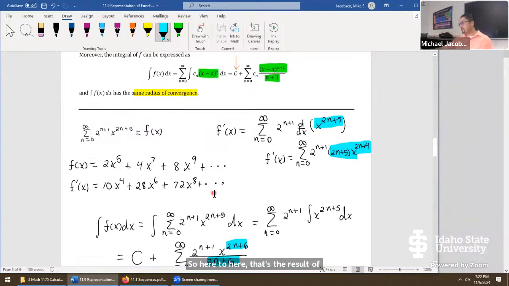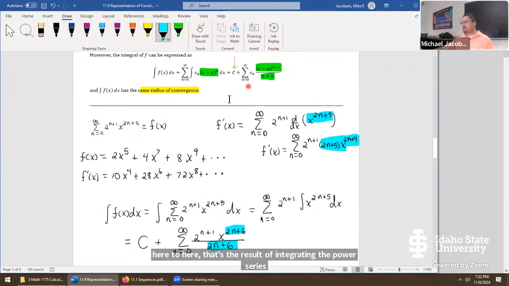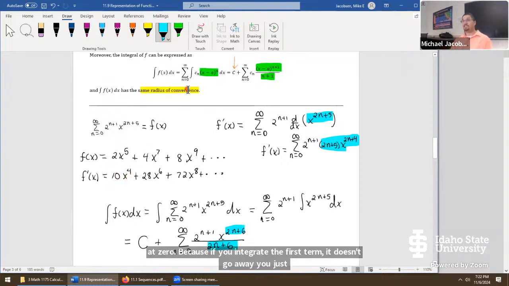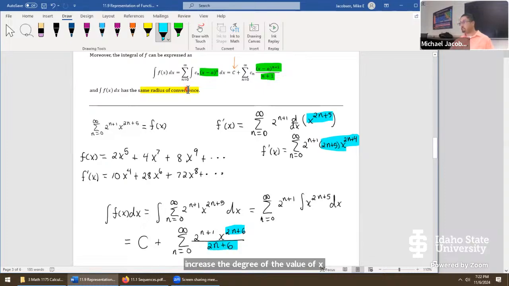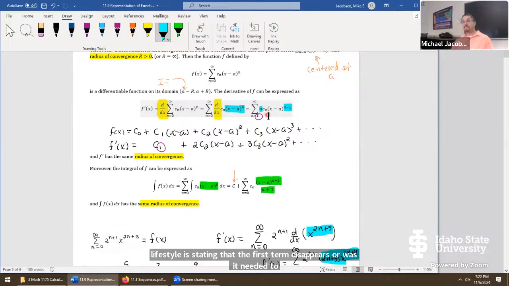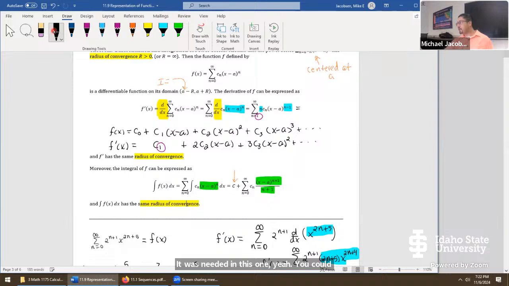This one does index at 0, because if you integrate the first term, it doesn't go away. You just increase the degree of the value of x. Yeah. So above where it went one, was that just kind of like stylistic stating that the first term disappears, or was it needed to be stated that way? It was needed in this one, yeah. You could re-index the sum and say now it's re-indexed back to 0, going to infinity.